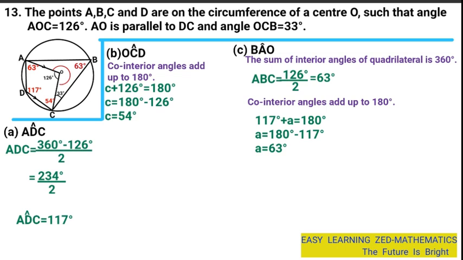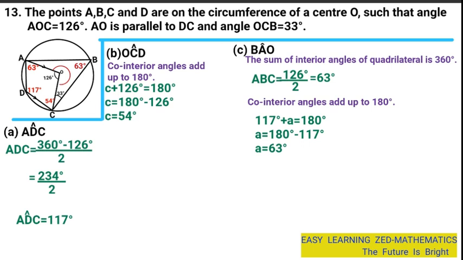Now when you look at this quadrilateral we have come up with, I'm talking about quadrilateral ABCD. Forget about those angles which are on O, and let's focus on angles on these four corners, A, B, C, D. You can see that the only angle we don't know the value of is angle BAO.